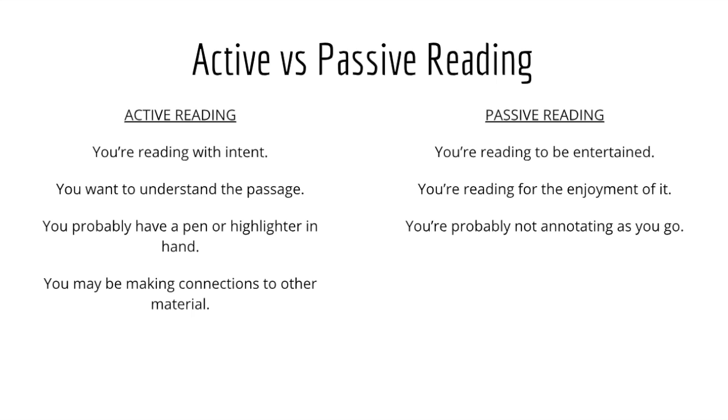Passive reading, on the other hand, is reading to be entertained, for the enjoyment of it, and you're probably not annotating as you go. Now, some things that you read for entertainment you're really interested in, so you may read them a little bit more actively. So when we read something, what we're looking for is what stands out.